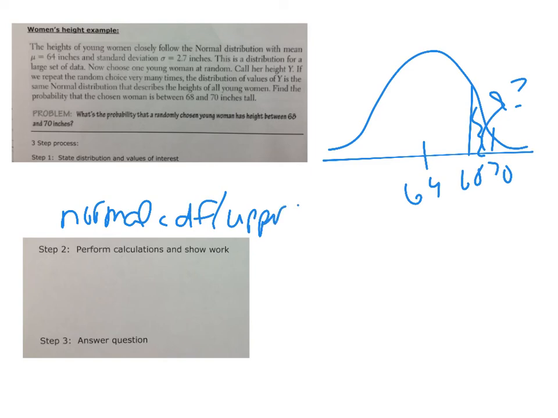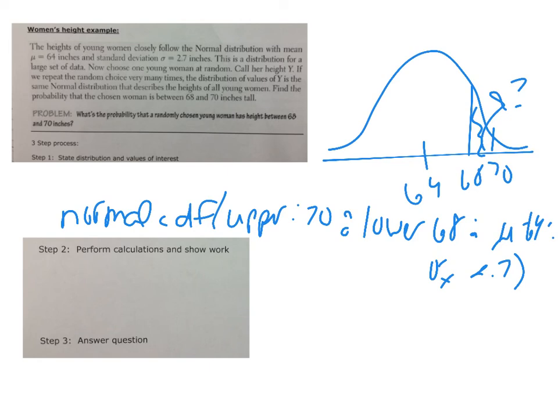My upper is 70. My lower is 68. My mean is 64, and my standard deviation is 2.7.